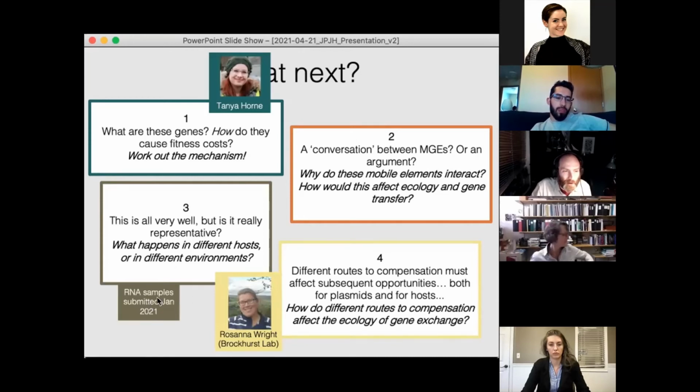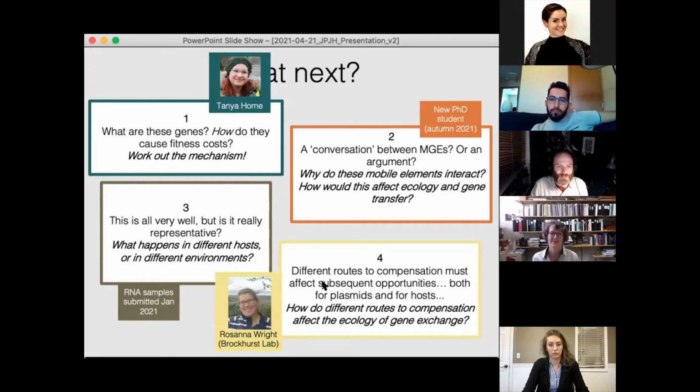I just submitted, well, it was in January, I got the QC back in an email today saying that these are going on the sequencer soon. So I've got RNA from the plasmid mutant in 5 different species of Pseudomonas. And I've got a new PhD student starting in the autumn who's going to be looking at this question of conversation between mobile genetic elements. So I'm really glad that you all agree that all of these things are worth following up.